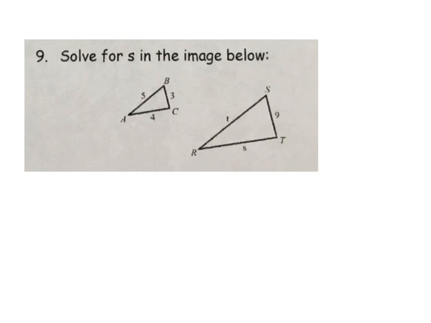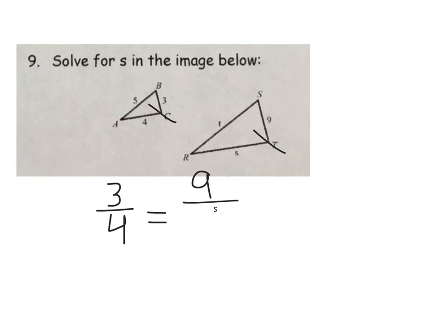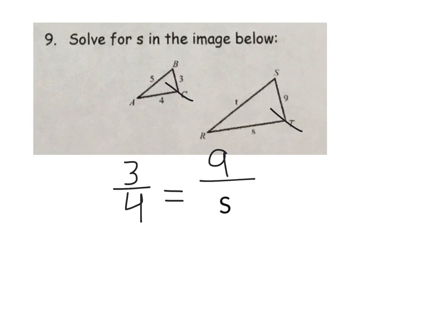Number 9. Solve for s in the image below. I think you can find this. We're going to set this up as a proportion. We can say 3 over 4 equals 9 over s. There's our proportion, and then just solve for s.